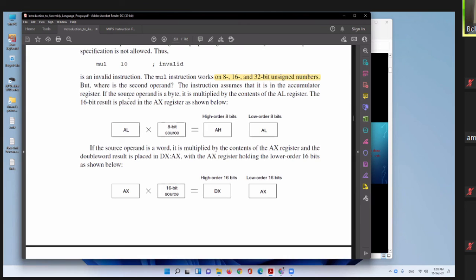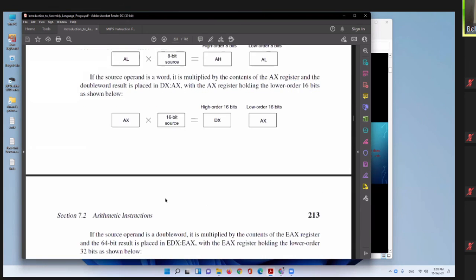Is it possible to store the 9-bit number into AL? No, not possible because AL is 8-bit. So we need to convert the 9-bit number into 16-bit, and the 8-bit number into 16-bit, because both of the numbers should be the same size. Then we can multiply in the 16-bit multiplication. So based on the number, you choose which format you are going to use.